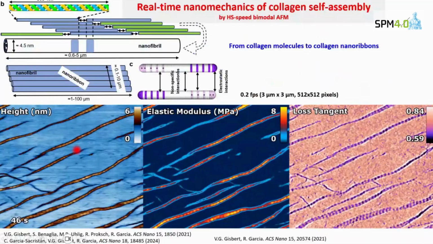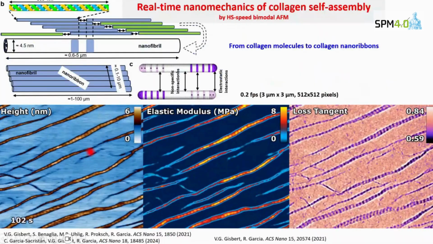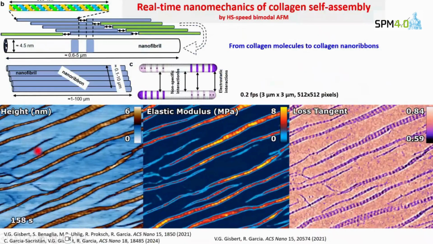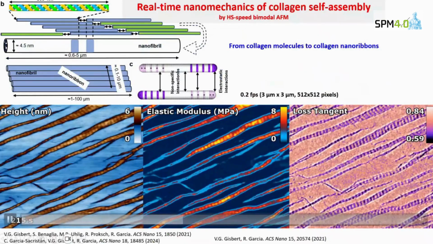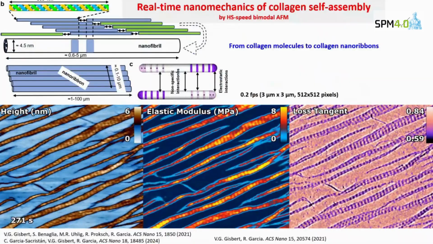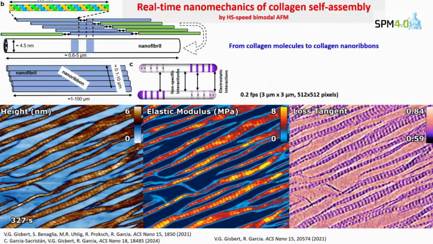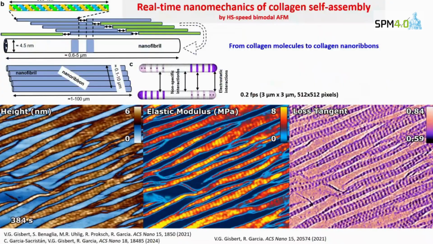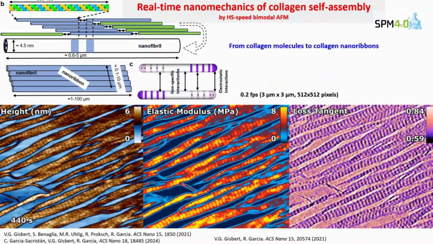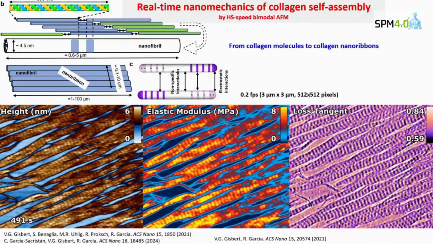And you can see how the molecules look for each other and interact. So this is the kind of thing that high speed in combination with this nanomechanical mapping of bimodal AFM can give to molecular biology or polymer sciences.